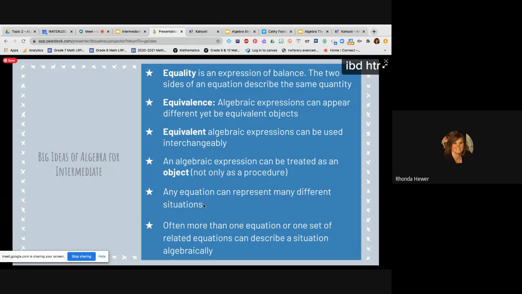The next one: an equation can represent many different situations. Thinking about an equation, it could mean this is a cell phone plan, or it could mean this is how much it's going to cost you to ride a cab. So equations can represent many different contextual situations. And the last one: often more than one equation, or one set of related equations, can describe a situation algebraically.